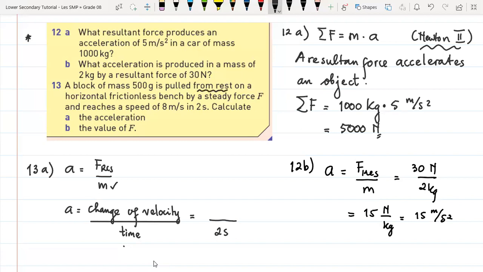Rest. From rest. And then after 2 seconds, it reaches a speed of? 8 meters. Yes. So what does it mean from rest? How big is the speed when something is at rest?